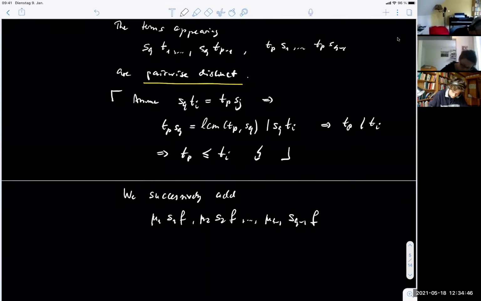Okay, we add, this is clear. We start with the S polynomial and then we add this. And the point is, every one of these additions is a reduction step.